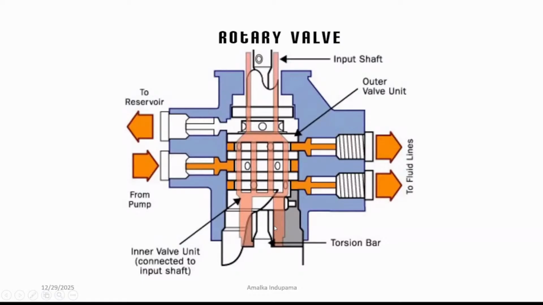Suppose this torsion bar is fixed here and the other end is fixed to the rotary valve, so that it can feel the amount of effort put on the steering wheel. If it feels that a little effort is provided, then it will accordingly supply the fluid to the power cylinders, right? So as I said earlier, it acts as the actuator itself.